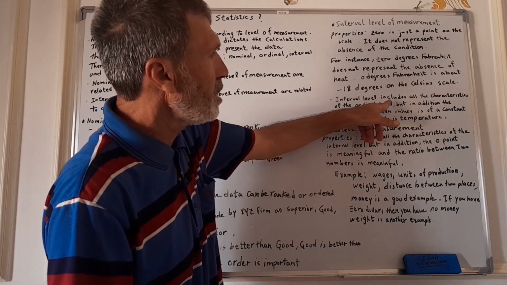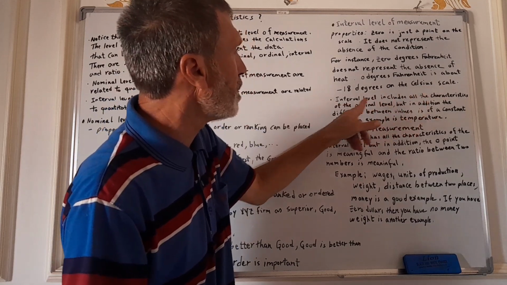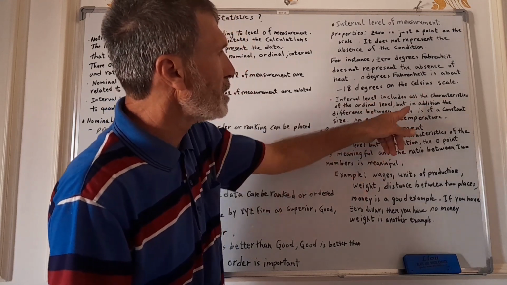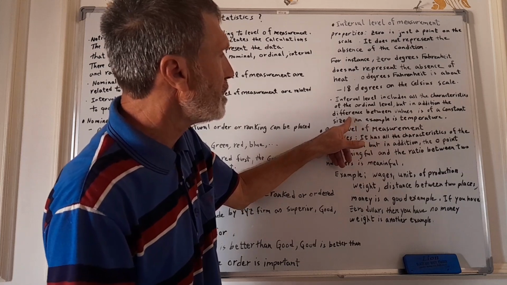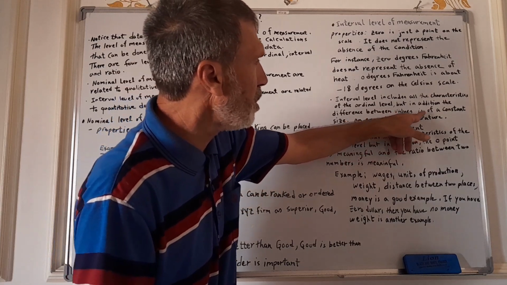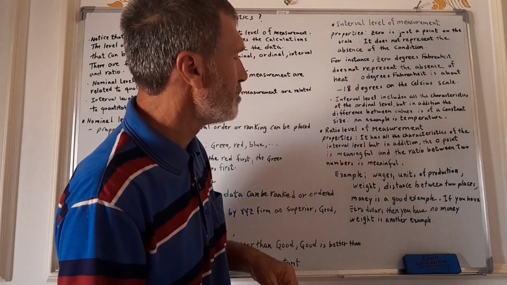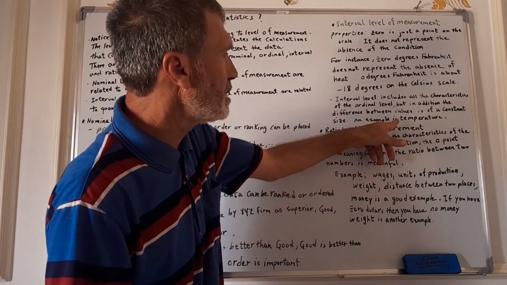The interval level includes all the characteristics of the ordinal level, but in addition, the difference between values is of a constant size. An example is temperature.